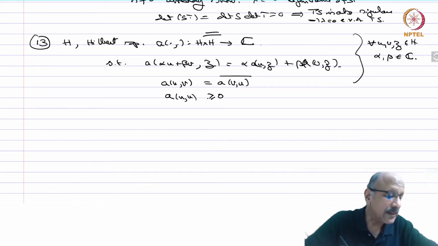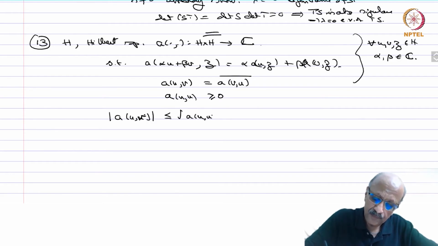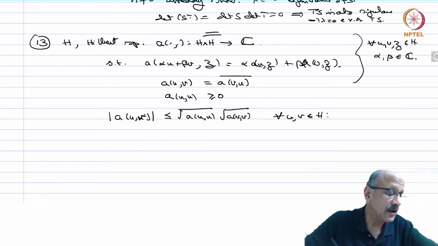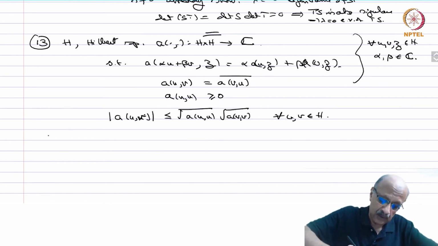But even then you have the analog of the Cauchy-Schwarz inequality, namely mod A(u,v) is less than or equal to root of A(u,u) times root of A(v,v). The square root is well defined for all u, v in H. So this is an identical proof as in the Cauchy-Schwarz inequality.